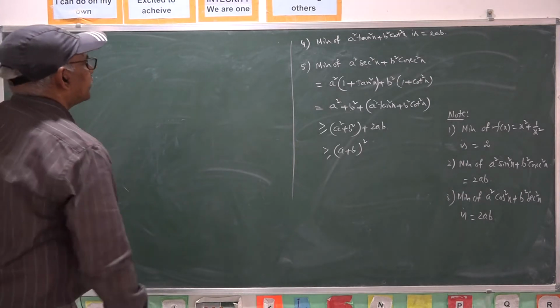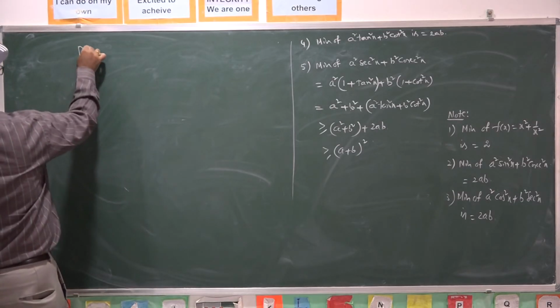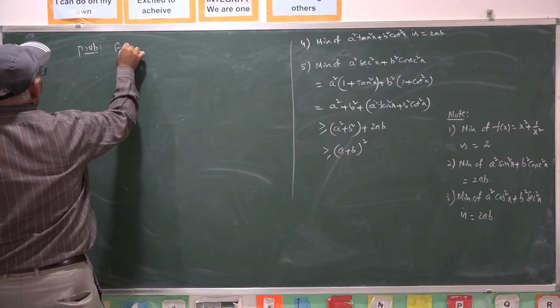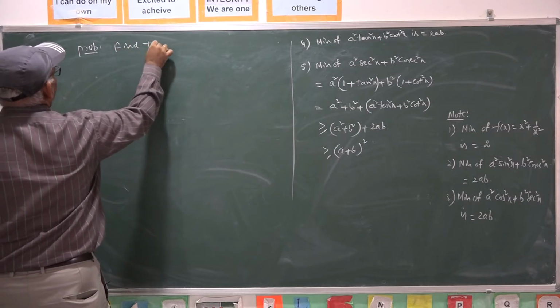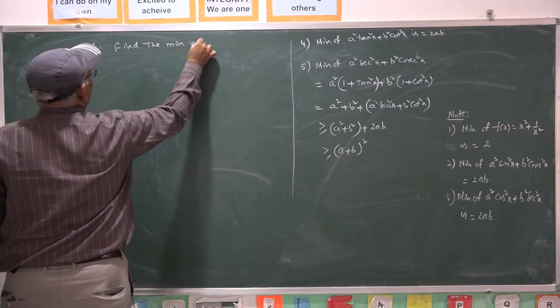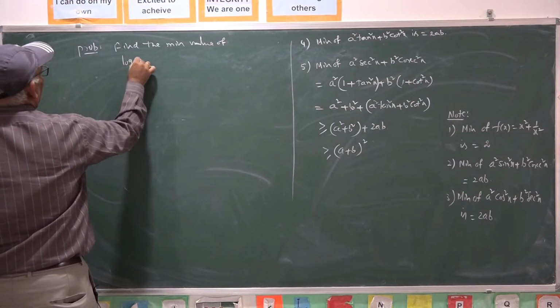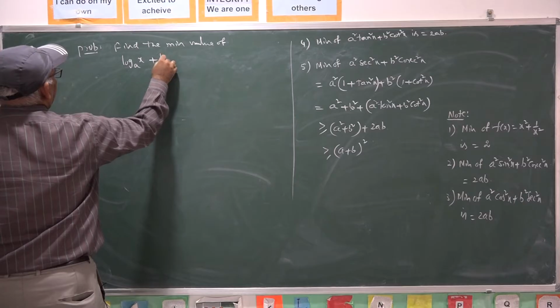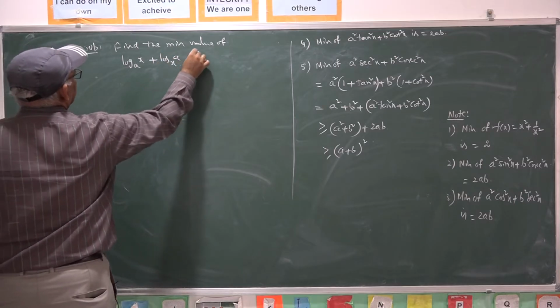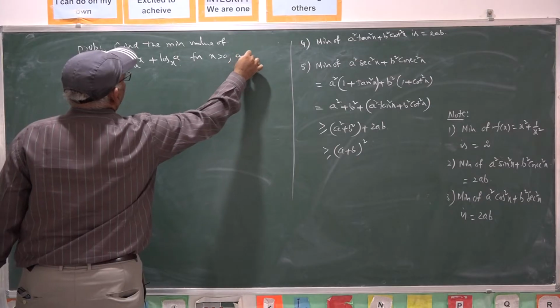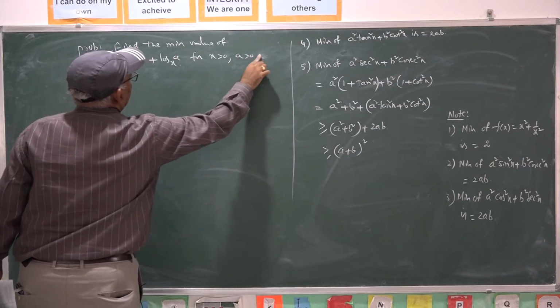Next, I will give one problem on this analogy. Find the minimum value of log x to the base a plus log a to the base x for x positive and a being positive, not equal to 1.